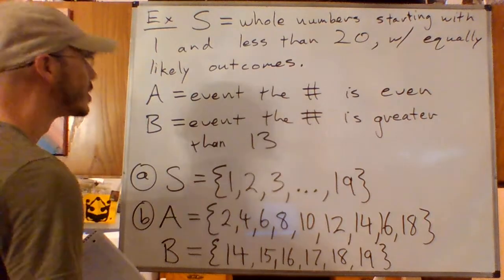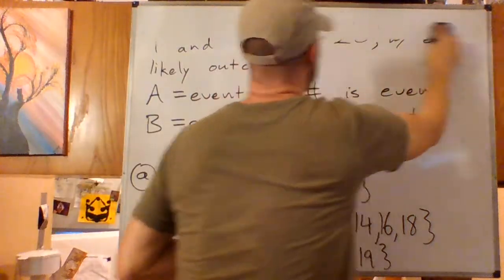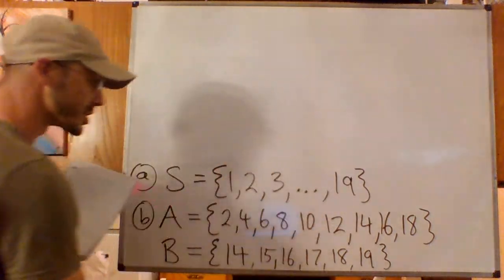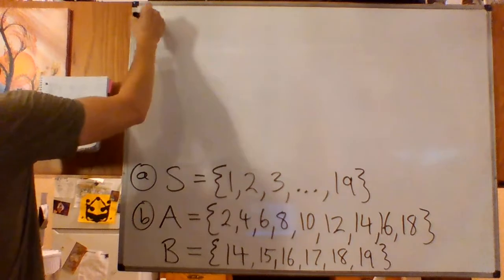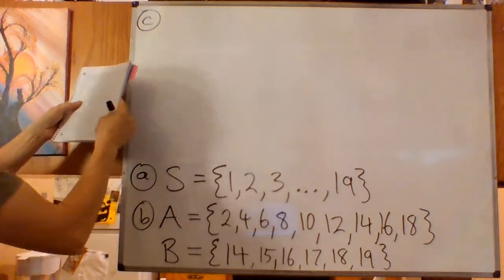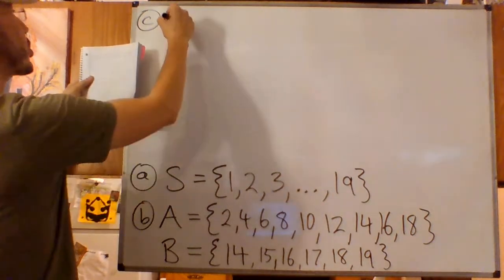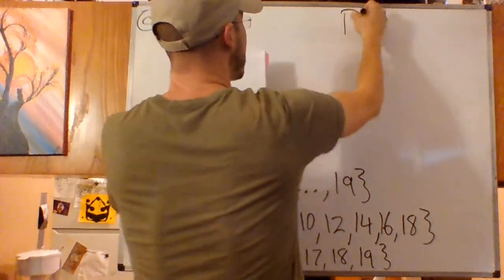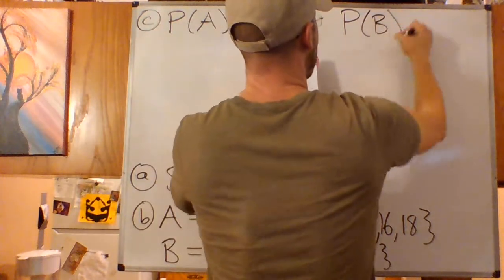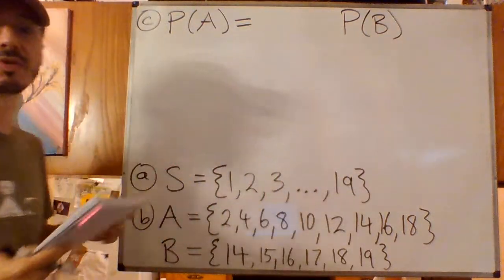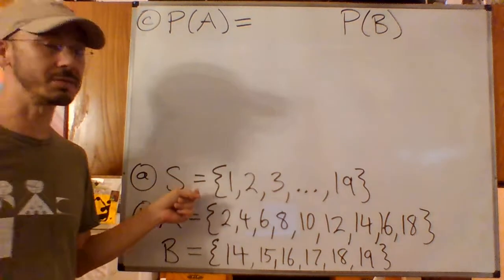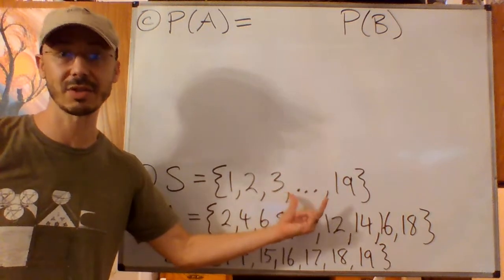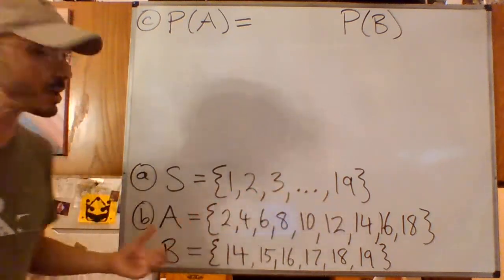I think I can write this next part up here and we can still refer to our lists at the bottom instead of the verbal descriptions. And for part C, I want to find the probability of A and the probability of B. These are actually going to be pretty quick because we've got those sets here. We've got a kind of a picture of the sample space. I really didn't list them all out, but it's really repetitive. It's just the numbers 1 through 19, whole numbers.